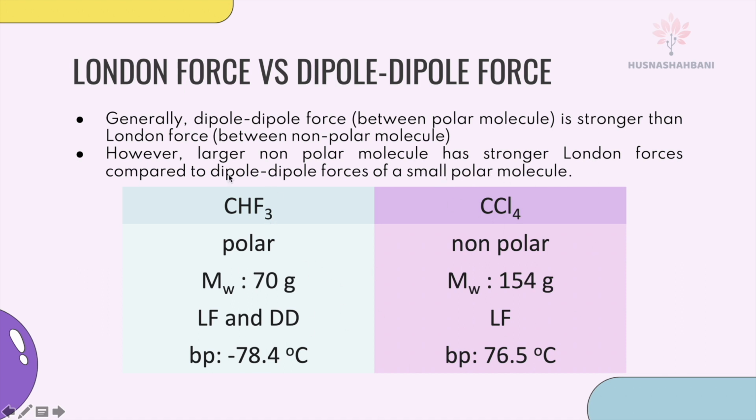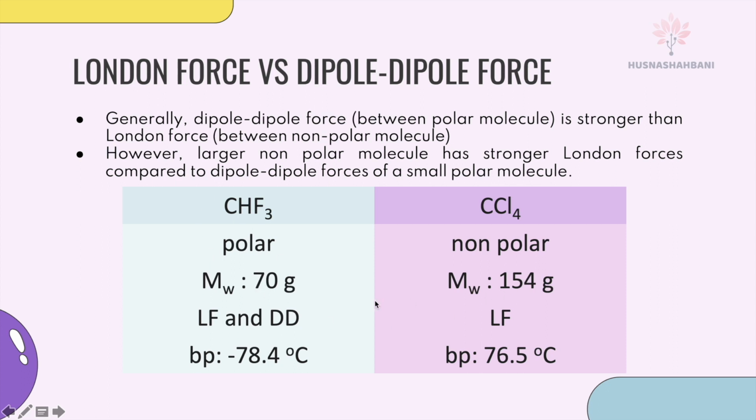For example, this one, CHF3 is a polar molecule, CCl4 is a non-polar molecule. If we don't consider the size, the polar molecule has dipole-dipole force, the non-polar molecule has London force. This one also has London force, but it has dipole-dipole force as well. So generally, dipole-dipole force is stronger than London force in non-polar molecules. But the boiling point shows that CCl4 is higher than CHF3, meaning the London force in the non-polar molecule is stronger than the dipole-dipole force in the polar molecule.